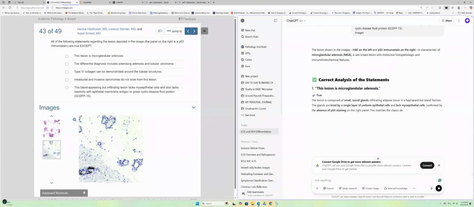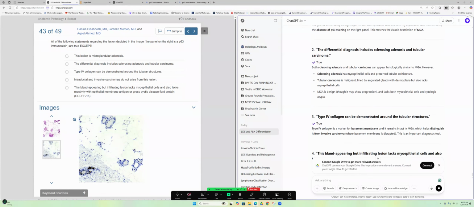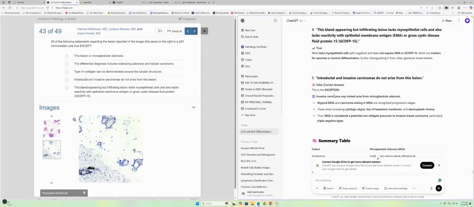True. The collagen is true. Invasive carcinomas do not arise from this lesion. Yes, that is the false one. Microglandular adenosis is considered a potential non-obligate precursor to invasive breast cancer, particularly triple negative types.